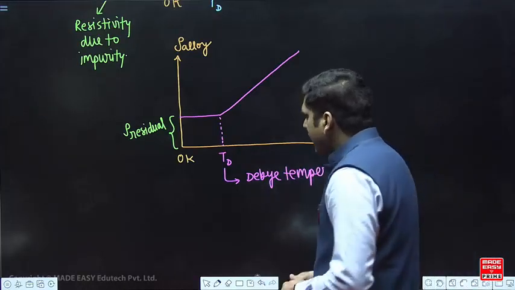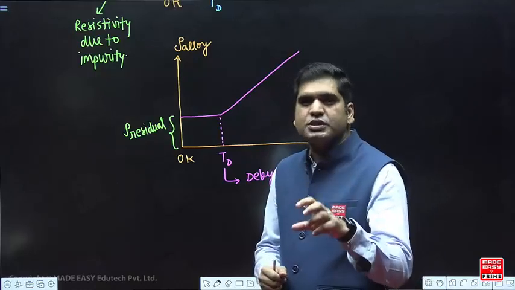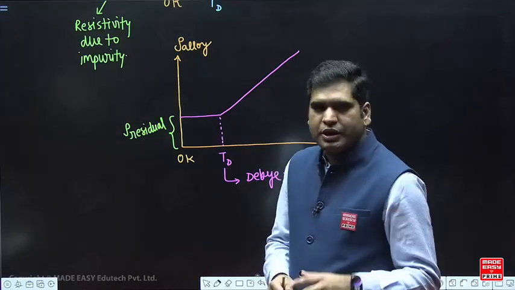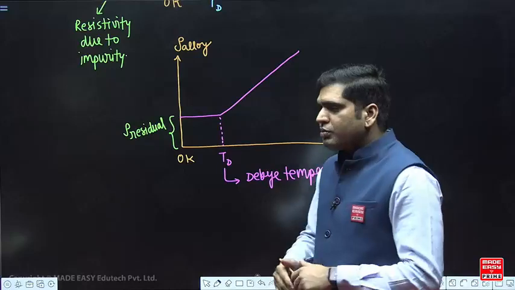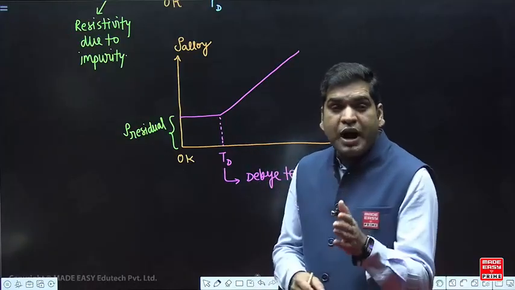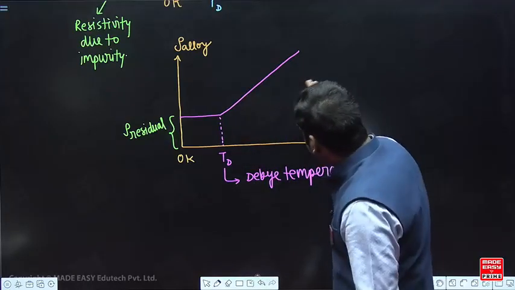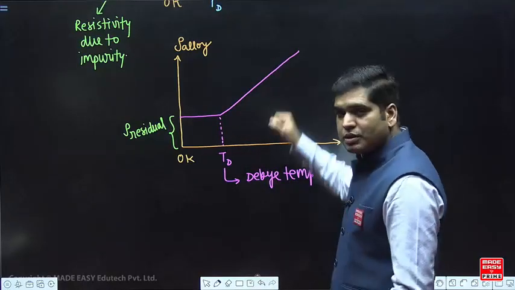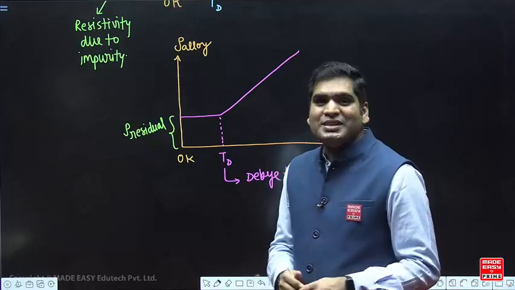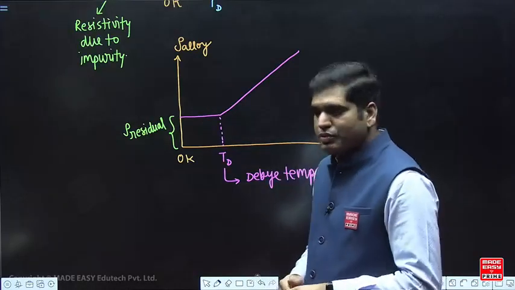Debye temperature is that temperature below which the thermal component of resistivity is very small and can be neglected, above which the thermal component becomes significant and cannot be neglected. So Debye temperature is the temperature above which overall resistivity is the sum of residual plus thermal component. Below it, the resistivity is mainly decided by the residual component.